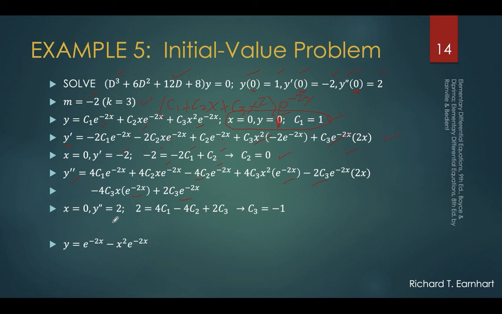And then apply the initial condition when x is equal to 0, y double prime is equal to 2. So this is equal to 2, then all terms with x will be 0.